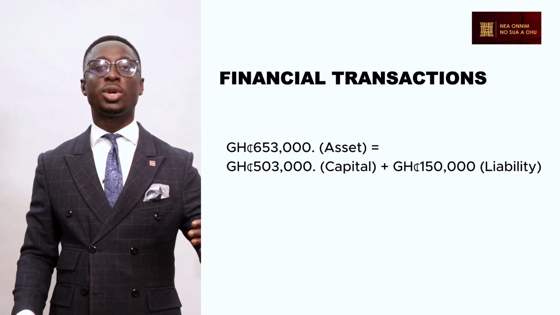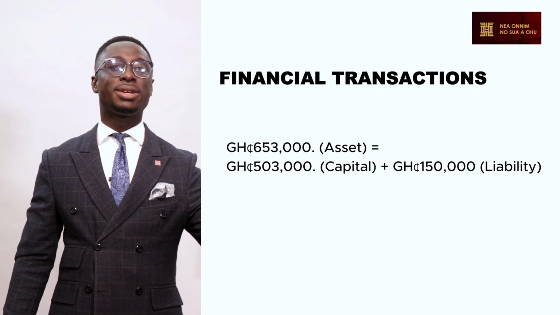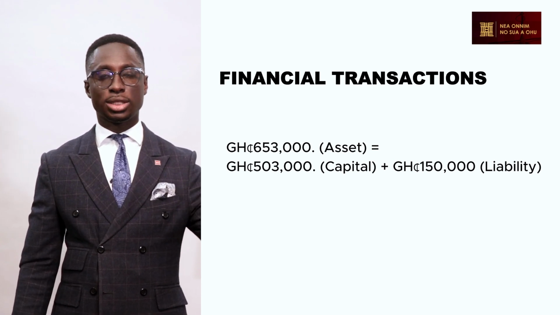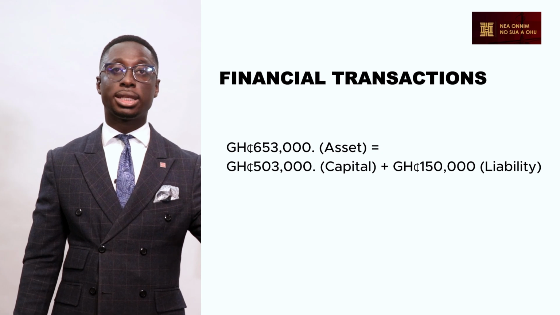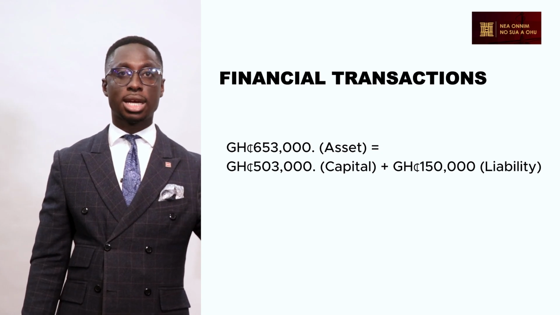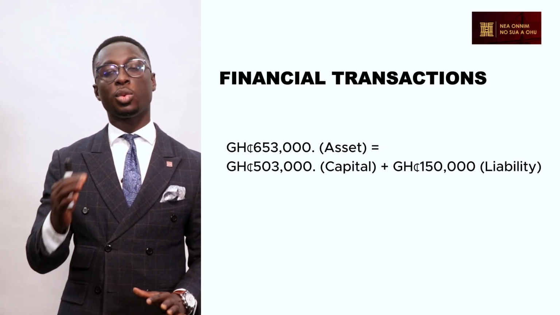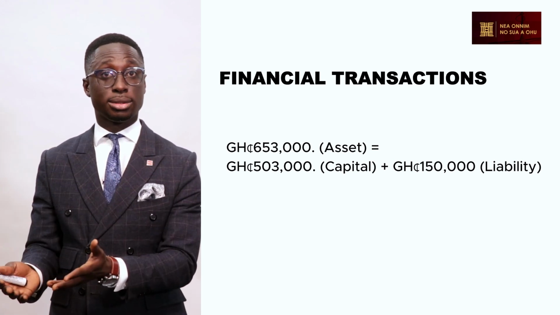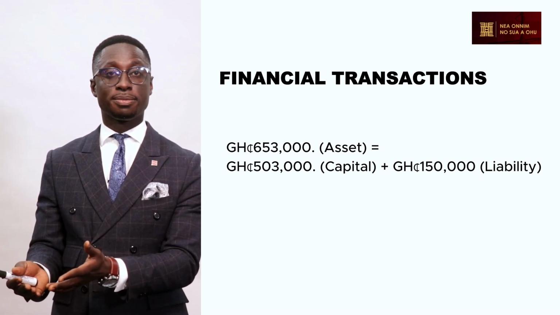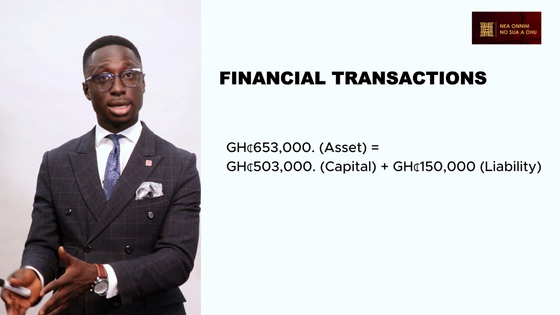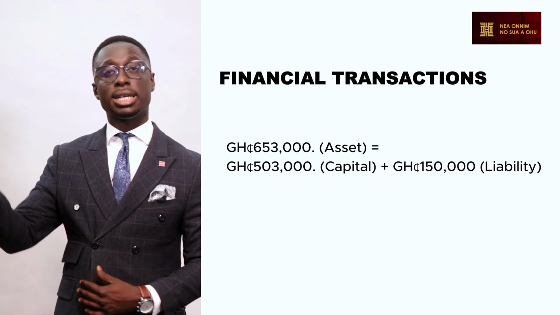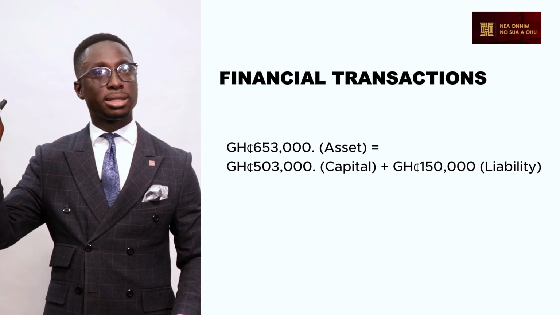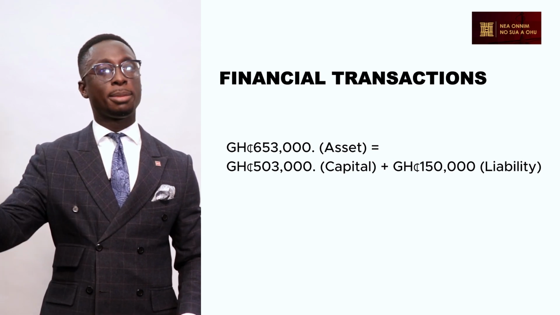So what is it going to be now? We are now going to have the 703,000 minus the 50,000. So that is going to give us 653,000 under assets, which is going to be equal to the capital account, which is currently how much? 503,000, plus the liability account of 200,000 minus 50,000, because we are paying a part of it.